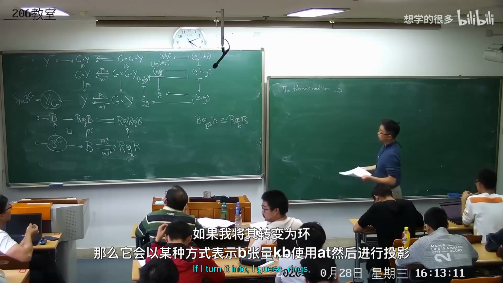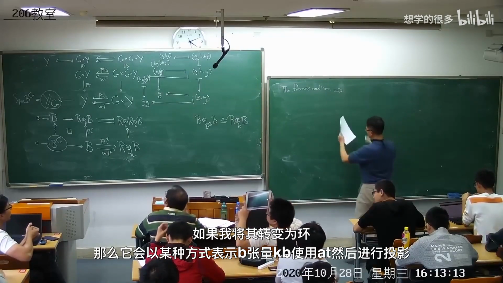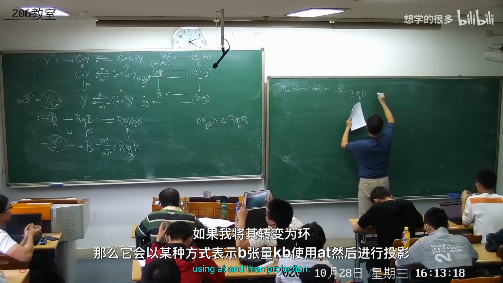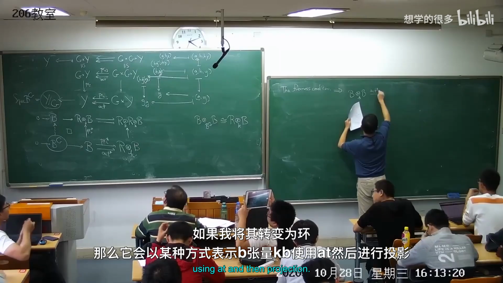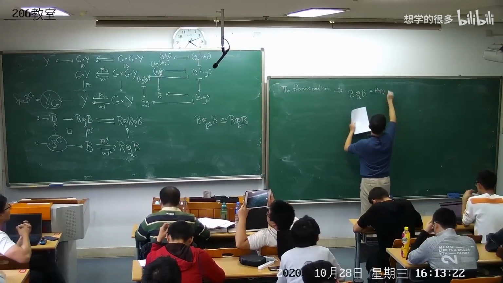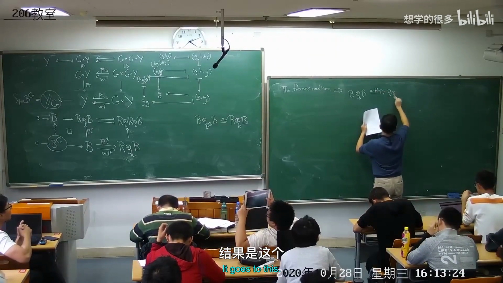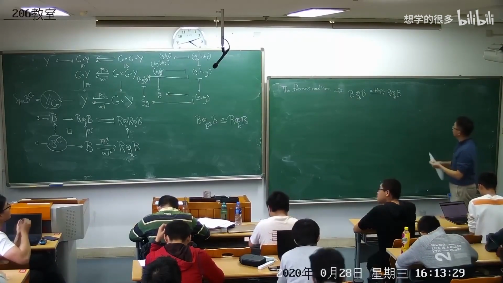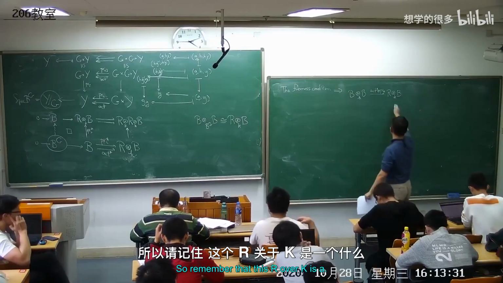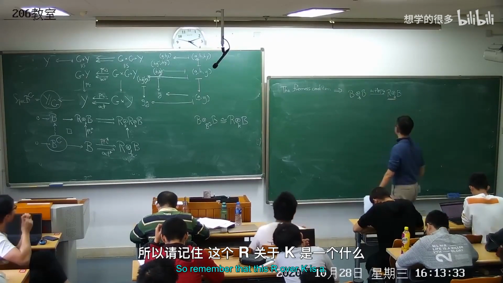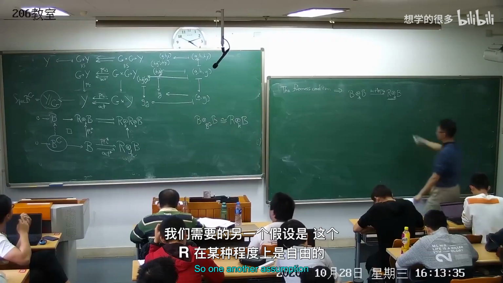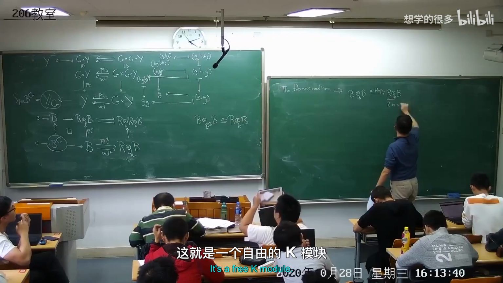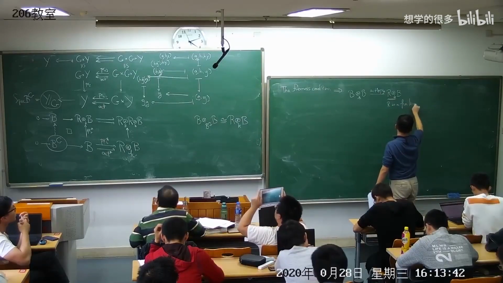If I turn it into rings, it says that it's B tensor KB using the action and then projection. It goes to this. So remember that this R over K is a... So another assumption we need is that R is a free K module.